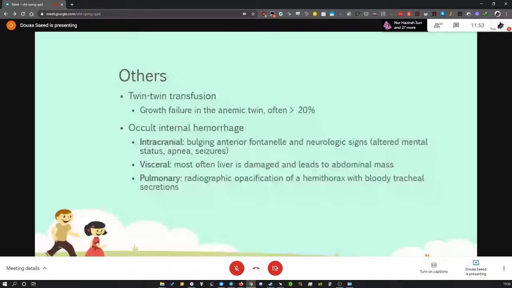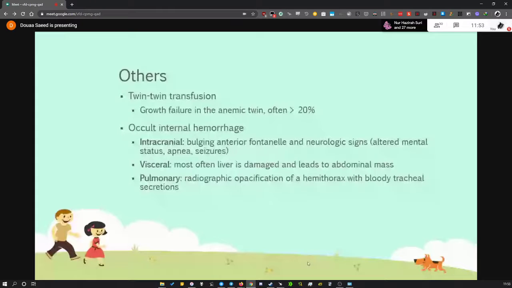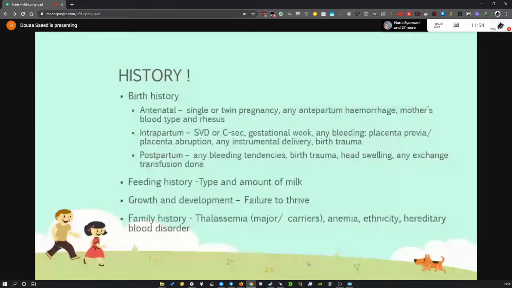So we move on to history. In history, we want to focus on birth history, such as the three major parts that we covered, which are antenatal, intrapartum, and postpartum. In antenatal, you have to know if it's a single or twin pregnancy, was there any antepartum hemorrhage, and the mother's blood group.